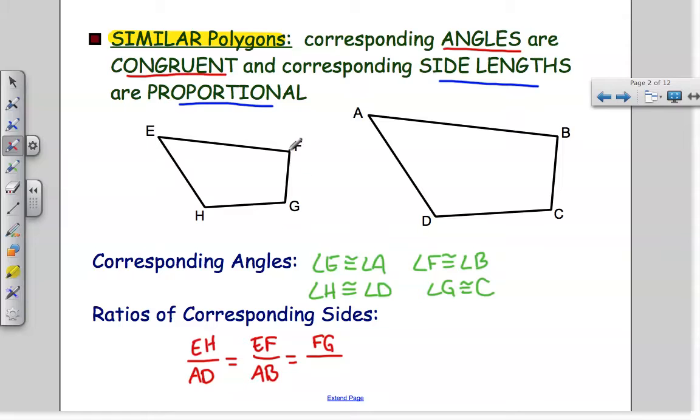And compare that to its corresponding side in the other one, which would be BC. And finally, there's one more side length to look at, which is in this shape, HG. And that would correspond to which side over here? DC. Now, each of these ratios would be the same because these shapes are similar. Their side lengths are proportional, and I can write this extended ratio. Okay, so similar polygons. When I ask you what are the two requirements for polygons to be similar, you should say corresponding angles are congruent, corresponding sides are proportional.